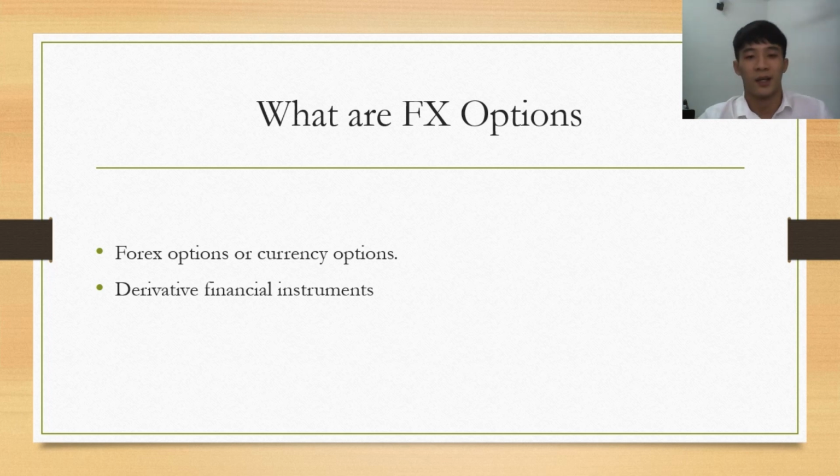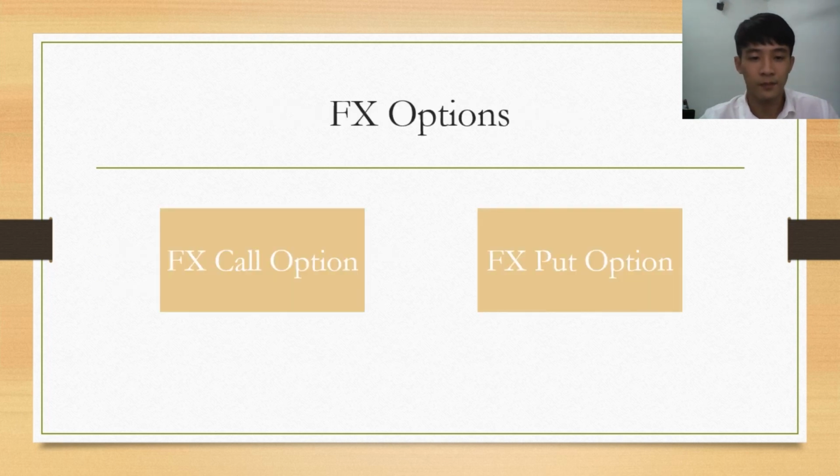So next, let me explain what foreign exchange options are. Foreign exchange options are also known as forex options or currency options. They are derivative financial instruments, in particular forex derivatives. In foreign exchange options, there are two types: FX call options and FX put options.